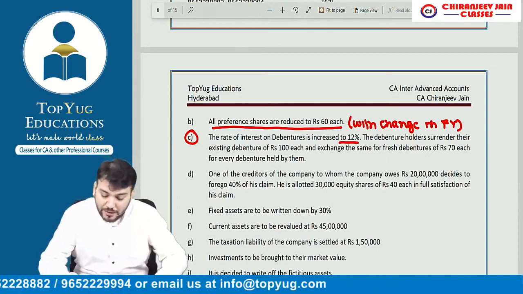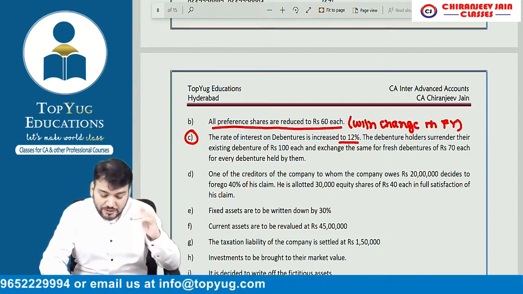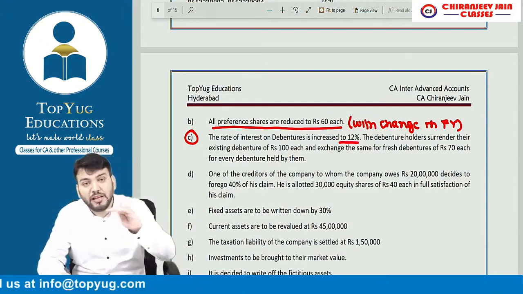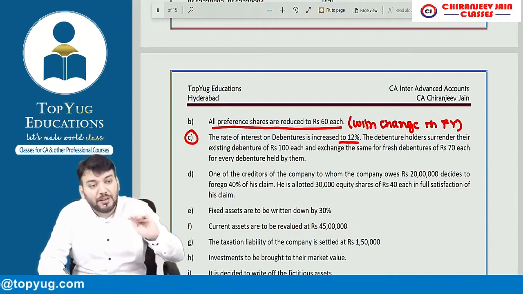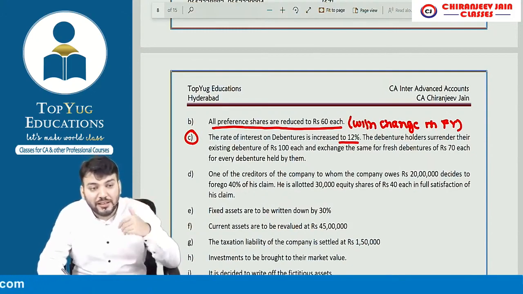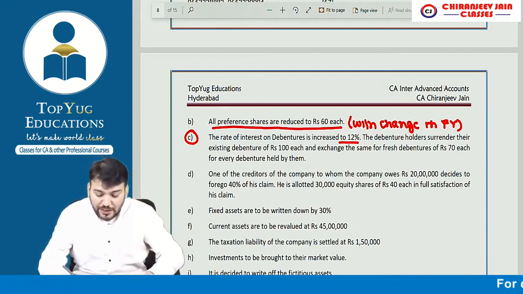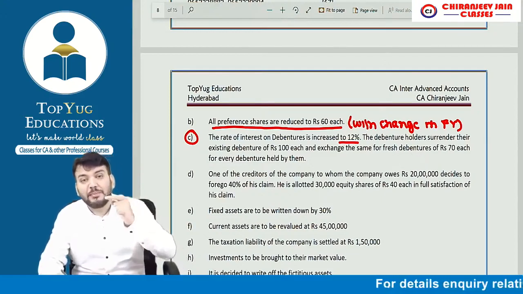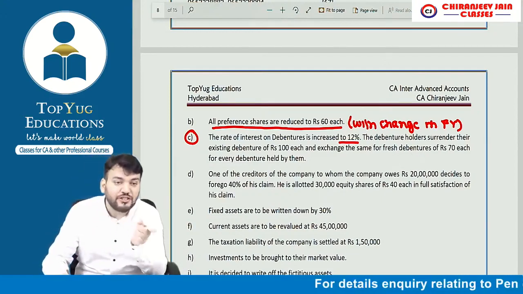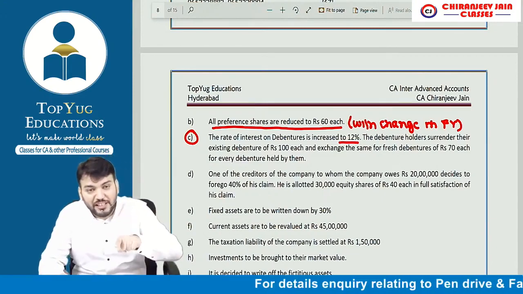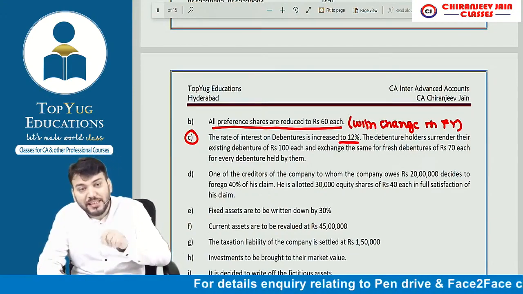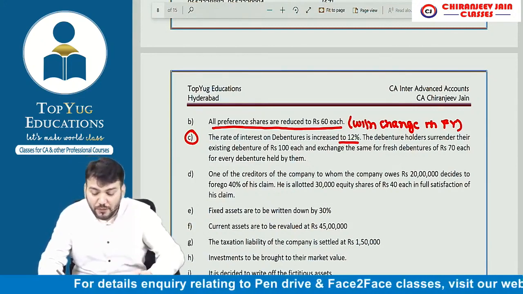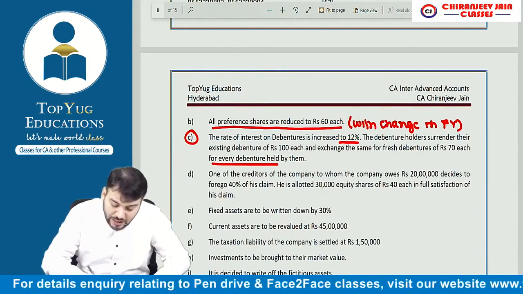Then debenture holders surrender their existing debentures of ₹100 each and exchange, meaning they surrendered their old debenture certificate and exchanged the same for fresh debentures of ₹70 each. The old certificates were of ₹100 each, converted into 70 each. This is change in face value with reduction of debenture, for every debenture held by them.